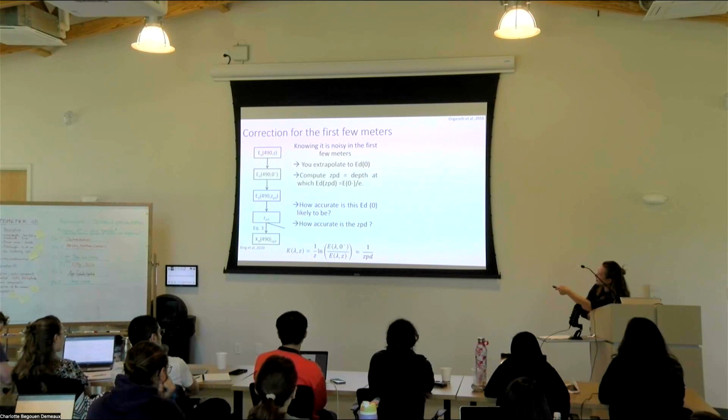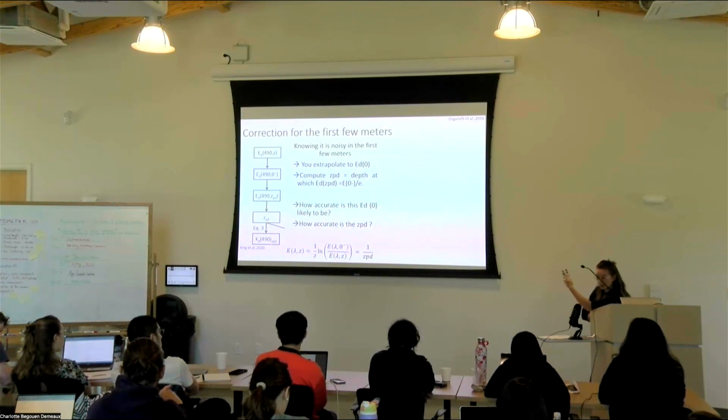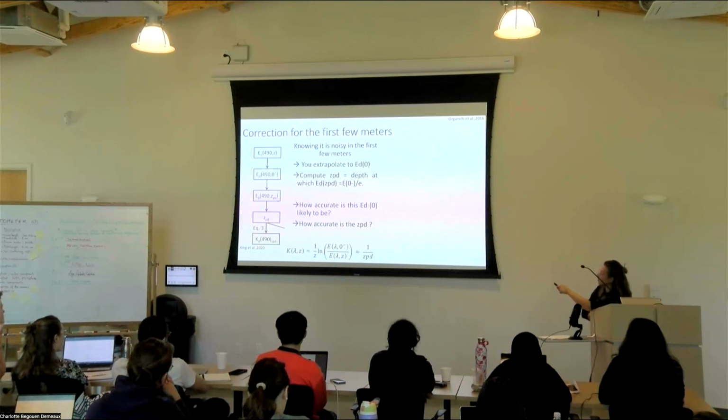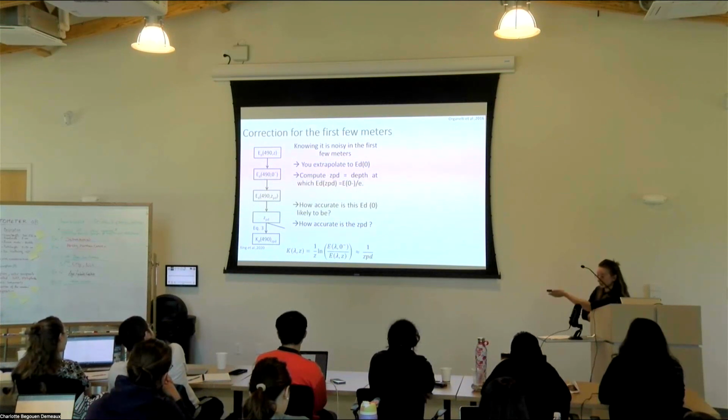So you extrapolate to the surface, then you're going to compute the optical depth. We were just talking about it, the depth at which 90% of the light is above. So this is E_d(0-) divided by an exponential. This will give you 90% of the light. And then you can find at which depth you have this value. So now you have an idea of your optical depth.